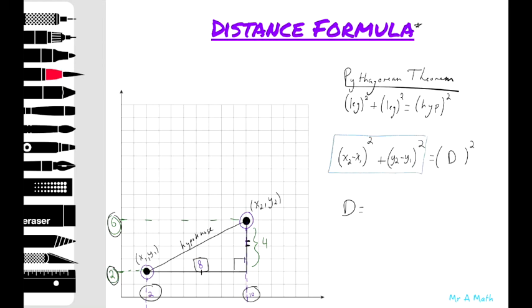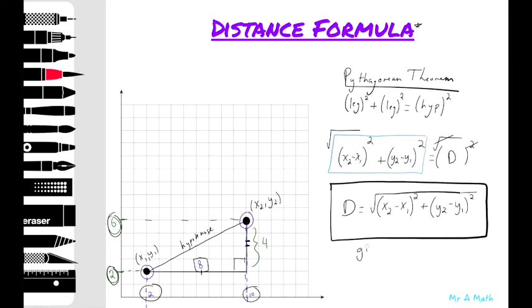Well, in order to find what the distance is, if that's what distance squared is, I need to take the square root of both sides in order to get d by itself. So if I take the square root of both sides, what I'm going to get as my equation is d, because the square root and the squared cancel, d equals the square root of this entire equation right here, which is (x2 minus x1) squared, the second coordinate of x minus the first coordinate of x, plus (y2 minus y1) squared, the second y coordinate minus the first y coordinate, squared.